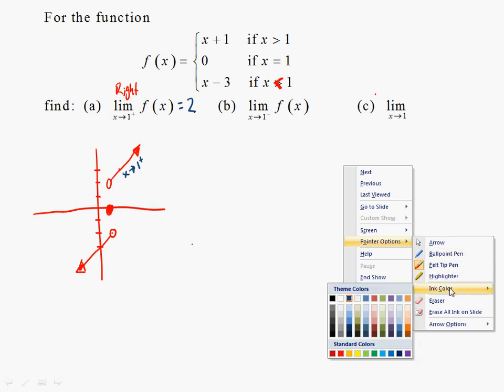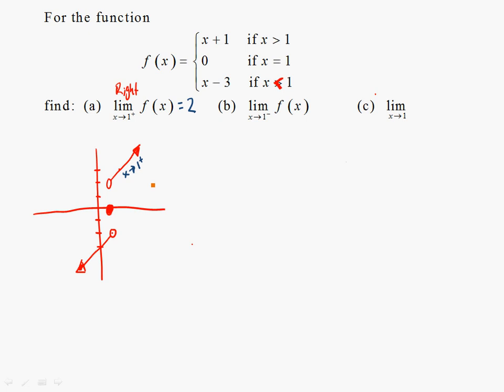Alright, so the next one would be this one, then would be the left limit, correct? Alright, and for the left limit, what do we get? We end up at a negative 2.